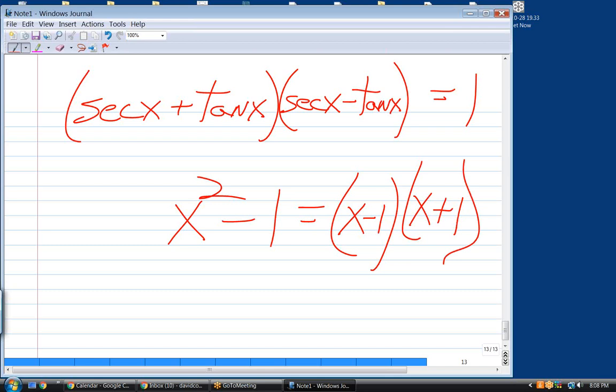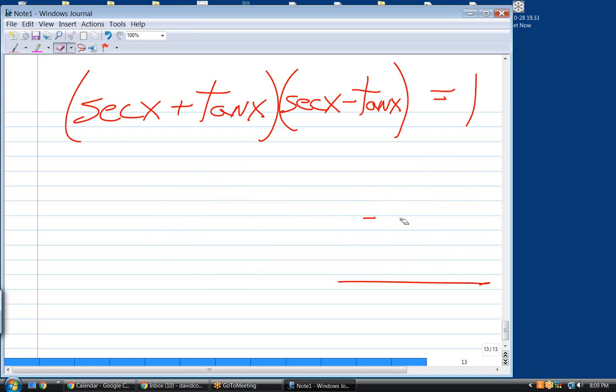Okay. Well, you usually are going the other way with trig. In other words, you usually see it like that. And so multiplying them back together again is going to give you secant squared minus tan squared. And it's just a good thing to memorize because otherwise you would have to FOIL those.